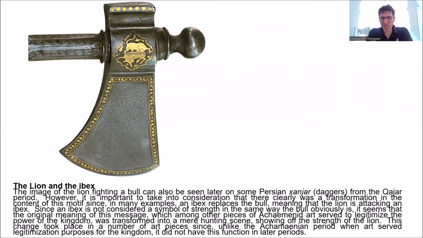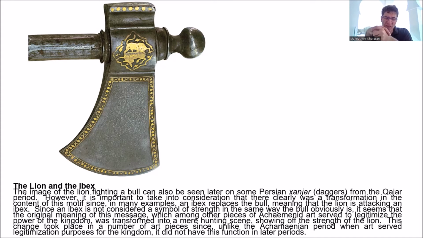However, it is important to take into account that there was a transformation, as I mentioned, in the contents of this motif, since in many examples an ibex has replaced the bull on Qajar pieces. It means that the lion is attacking an ibex.